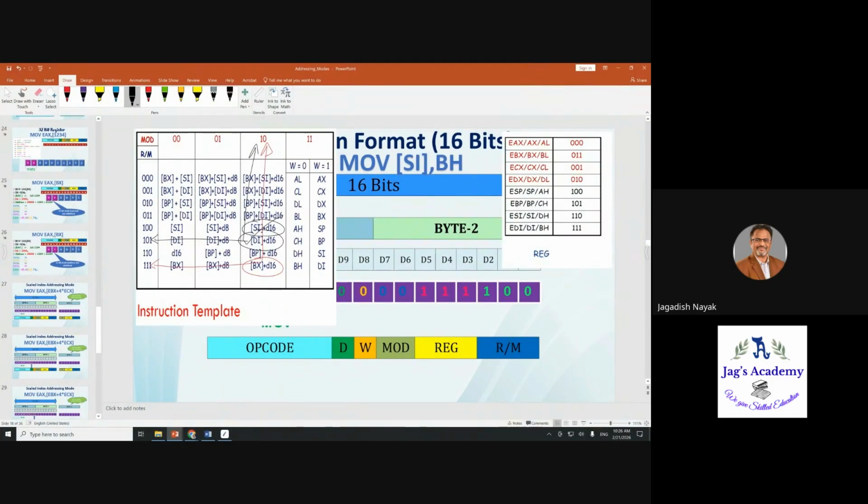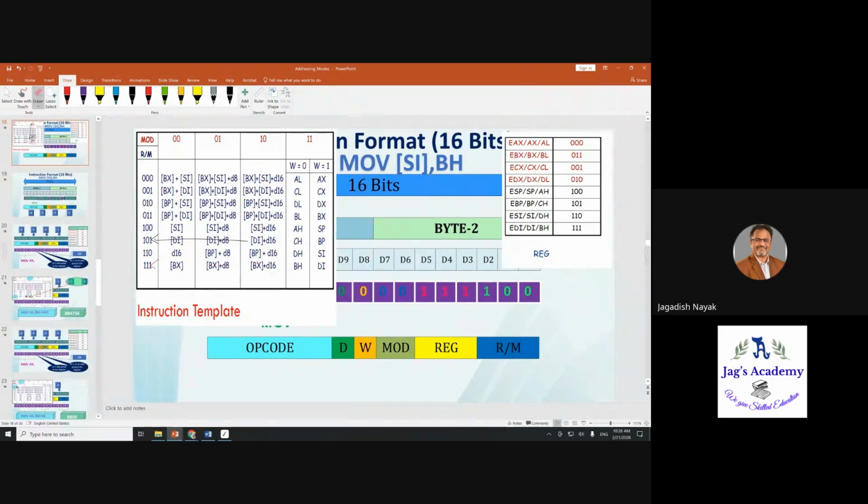Now can you tell me where is that BX plus DI? This is the one you're supposed to refer, right? Mode bit is 10 and R by M bit is 001.